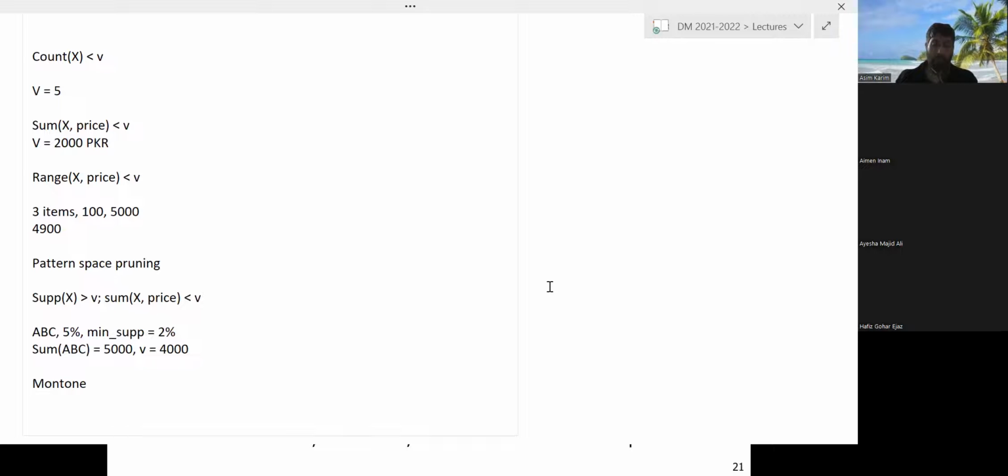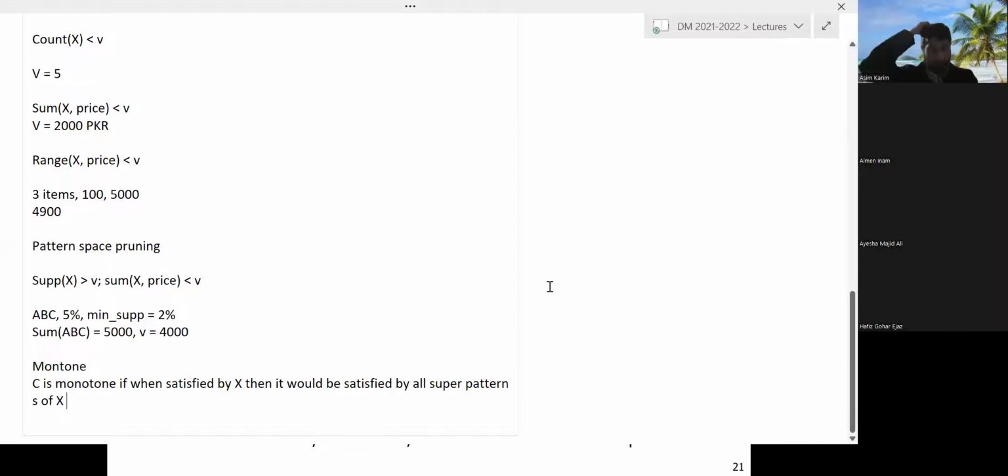So let's say you have a constraint C. C is monotone if, when satisfied by X, then it would be satisfied by all supersets of X. Okay?